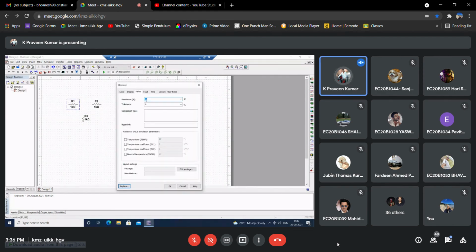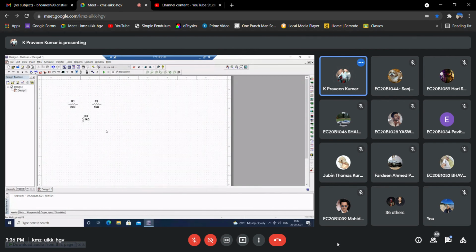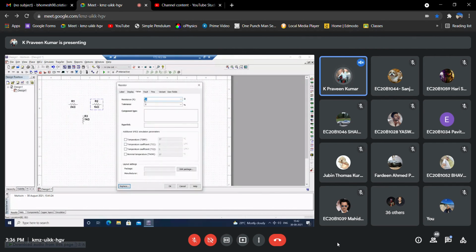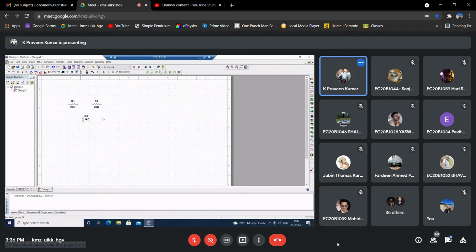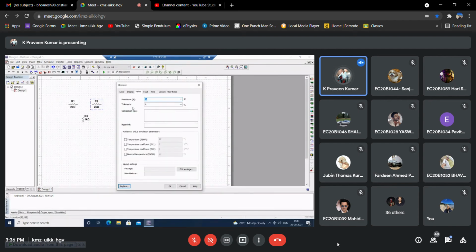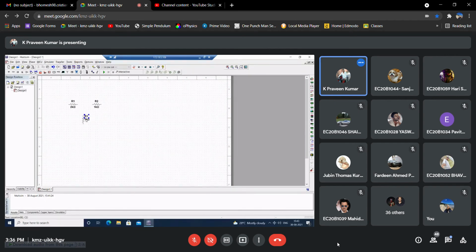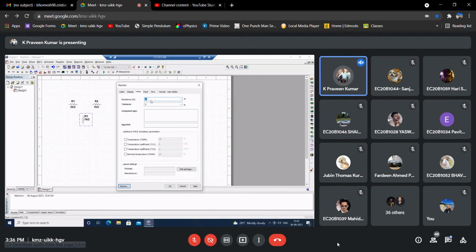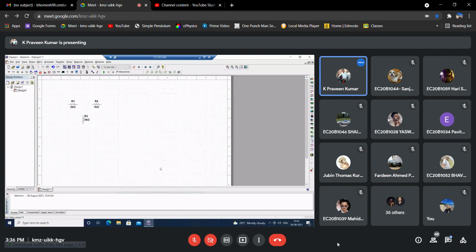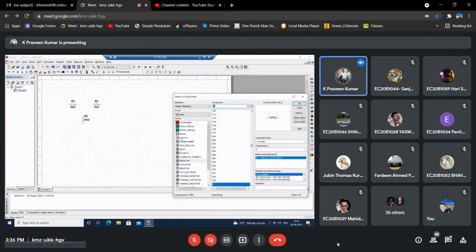R1 is 2 kilo ohms, and R2 is, sorry, R2 is 1 kilo ohm. R3 is 2 kilo ohms. Then what we require is a voltage source and a ground.